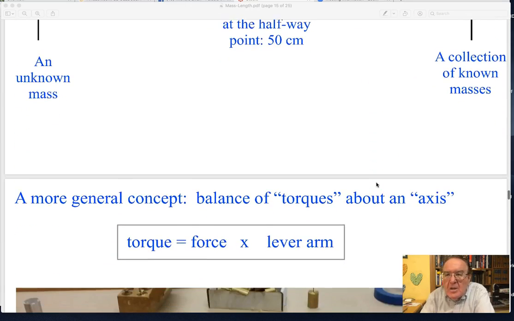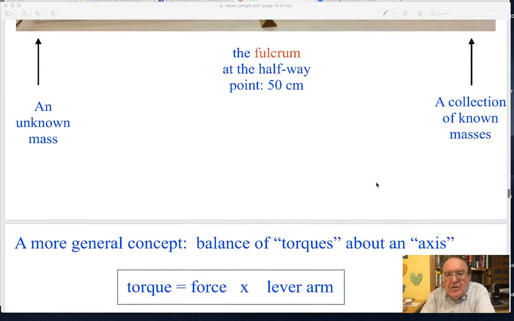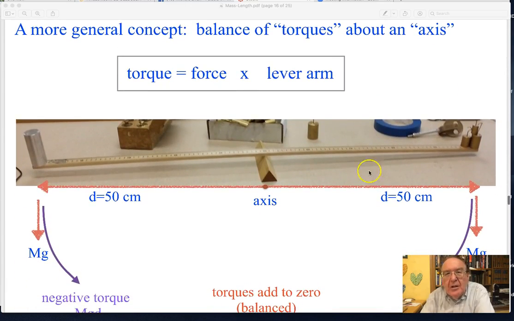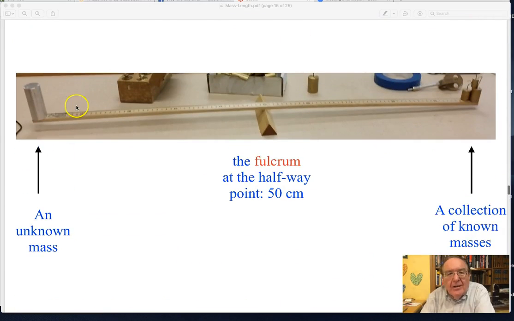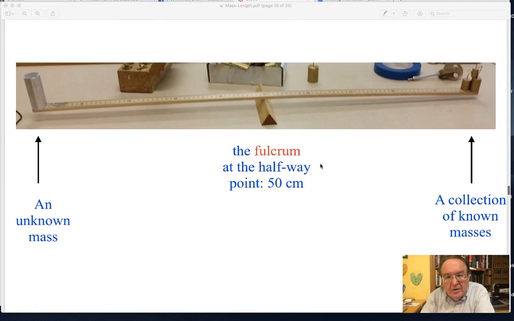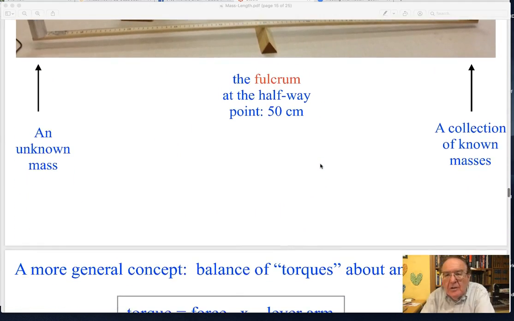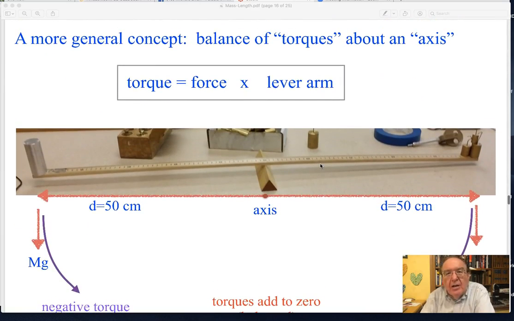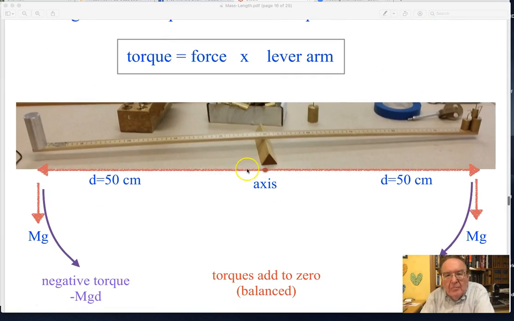Now I'll do a small digression here on torques, a more general concept. This thing of balancing the two masses on both sides of a teeter-totter with a fulcrum exactly in the middle is a special case. The more general case is you balance the torques about an axis. So you have the fulcrum in the middle.